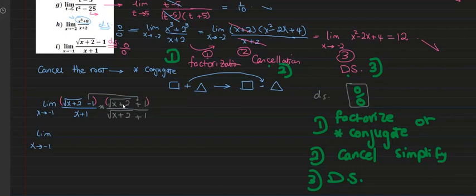How to multiply these two brackets? We take the first times the first, and then the second times the first, and then the second times the second, and finally the first times the second.